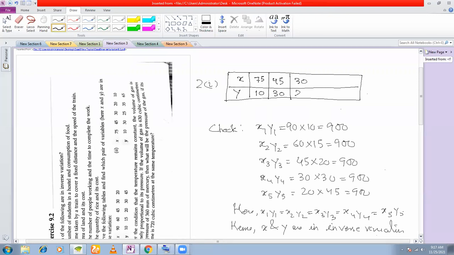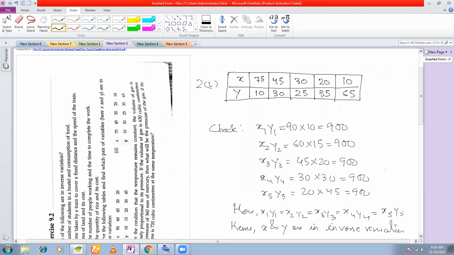First, you will have to see whether the two quantities are in direct or inverse variation, and then work accordingly. For example, if I give you a problem relating to speed of the train and distance covered, then obviously you will know that it is inverse variation, right? Because as you increase the speed, time will decrease.